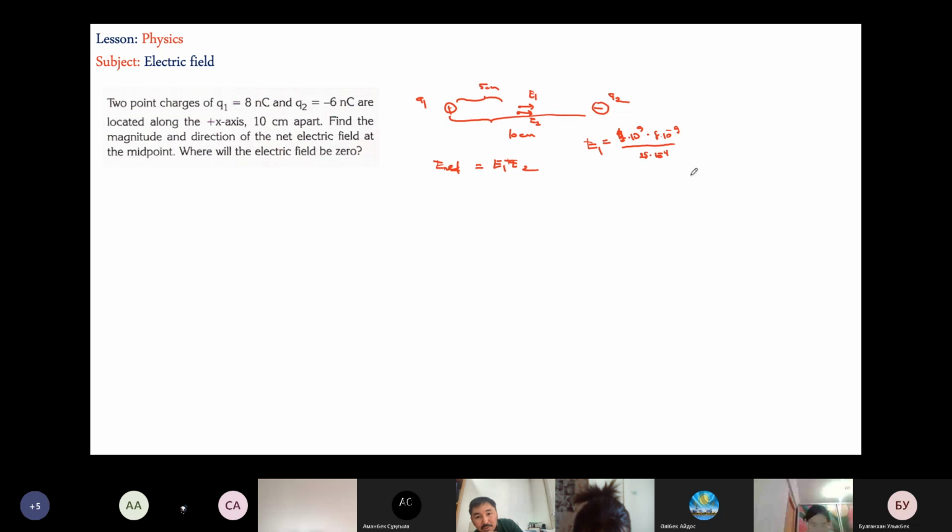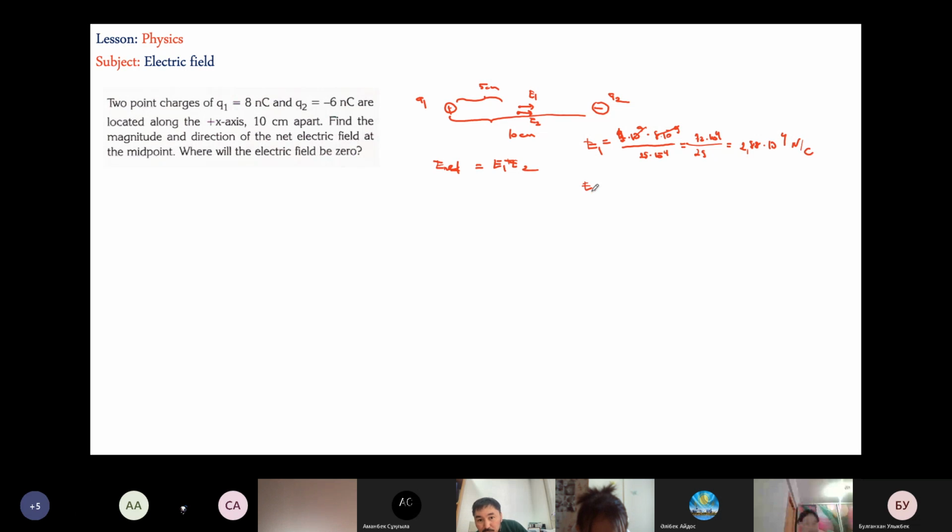I will simplify this. The 9 and minus 9 cancel. Here 72 times 10 to the power of 4 over 25, because I multiply 9 by 8 and divide by 25. 72 over 25 gives 2.88 times 10 to the power of 4 Newton per coulomb.